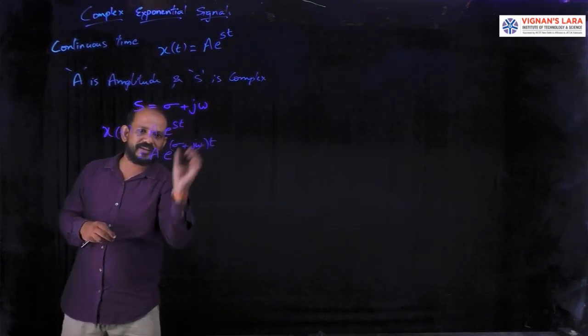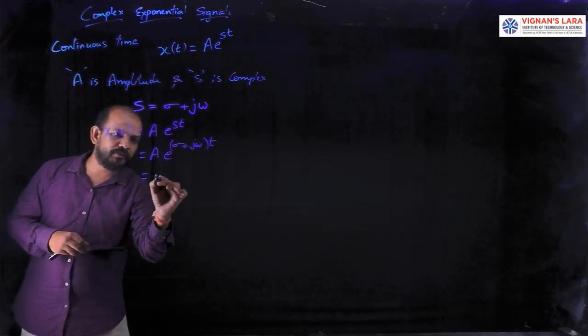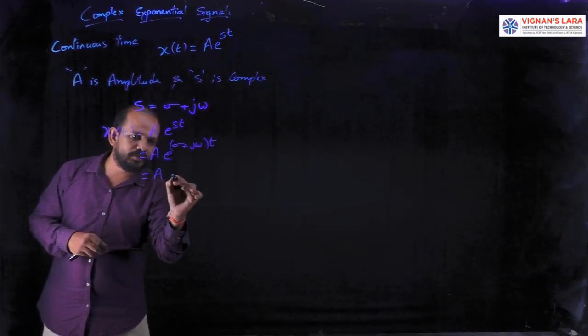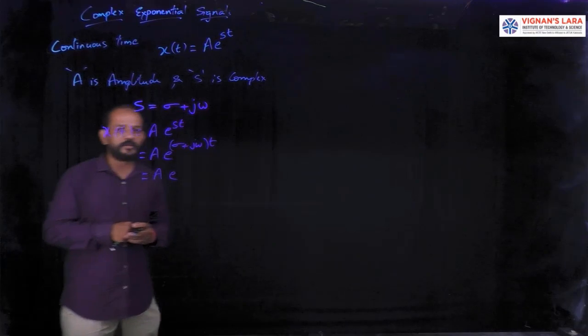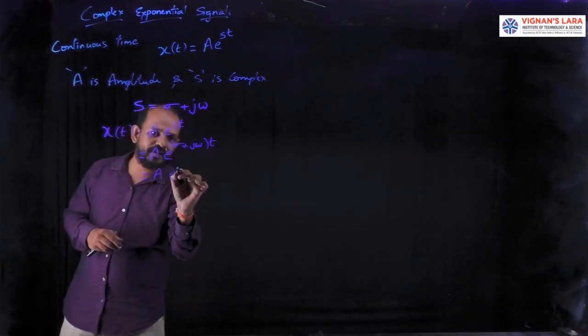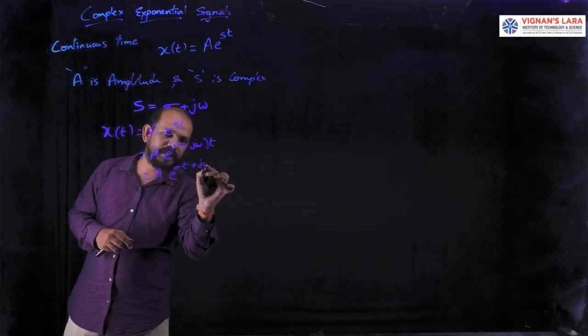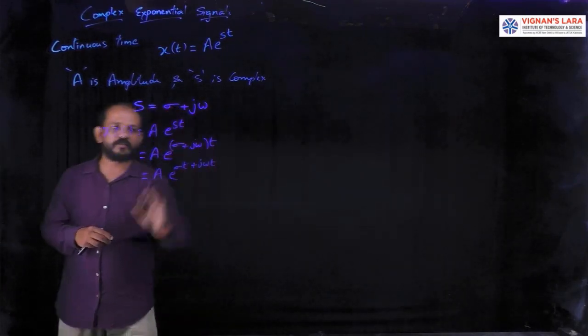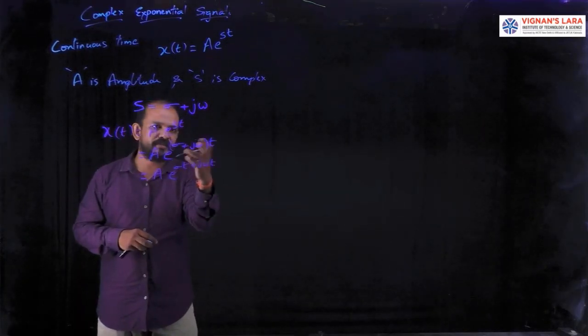In place of s, I substituted sigma plus j omega. So that is A into e power (a plus b) into t, like a plus b into c equals a into c plus b into c.